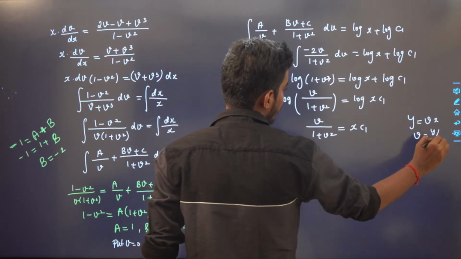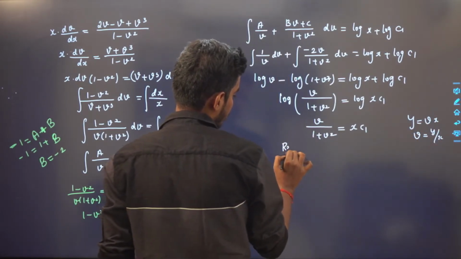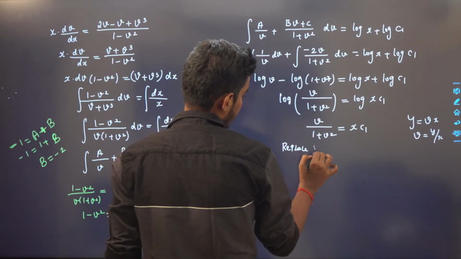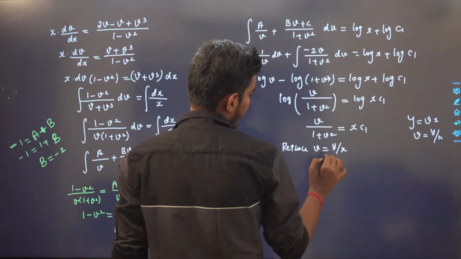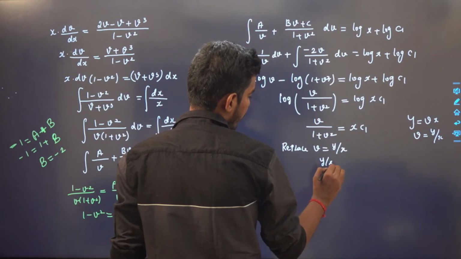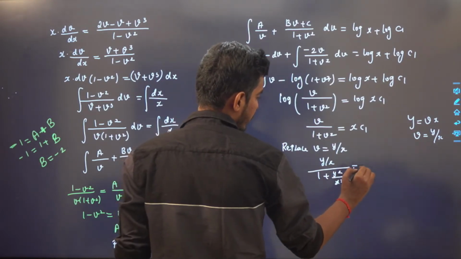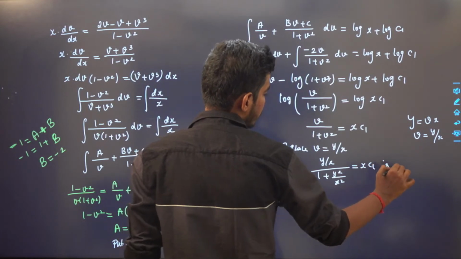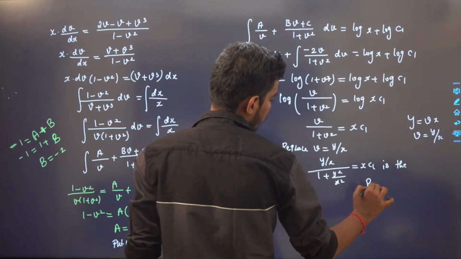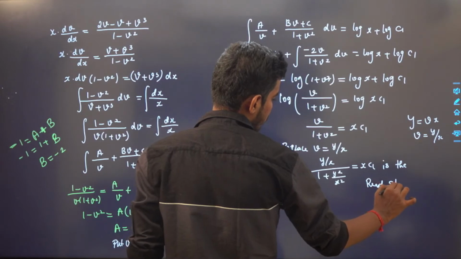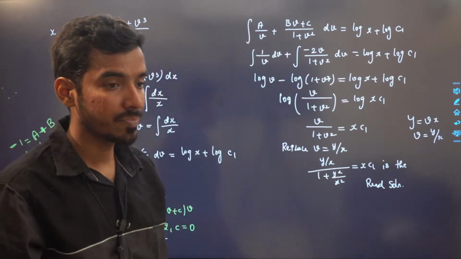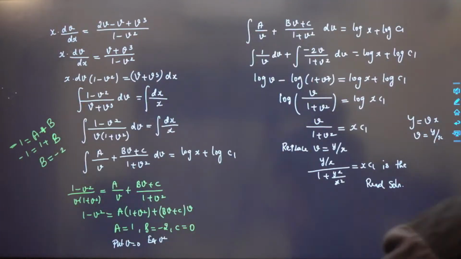So replace v with y by x. So (y/x) divided by (1 + y²/x²) is equal to x c1, which is the required solution. This is the required orthogonal trajectory that cuts every member in the family at right angles.